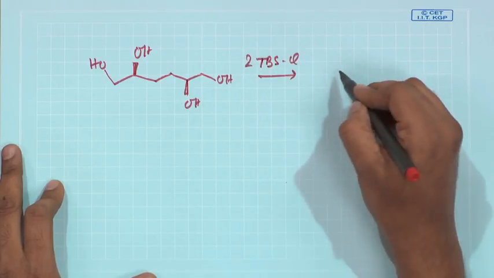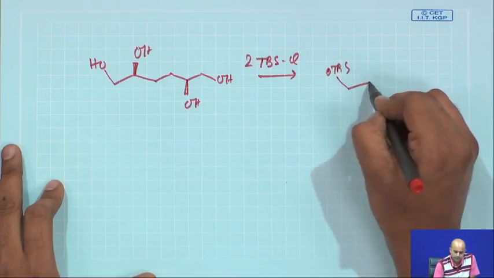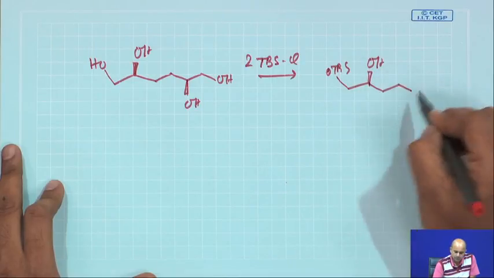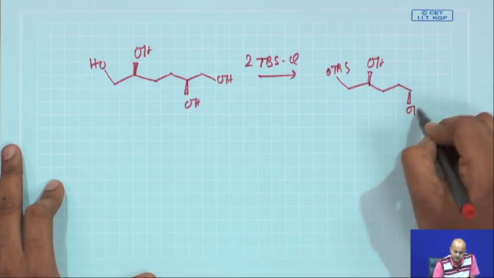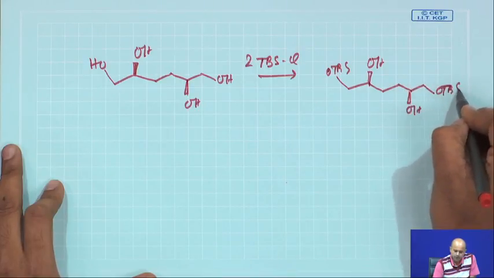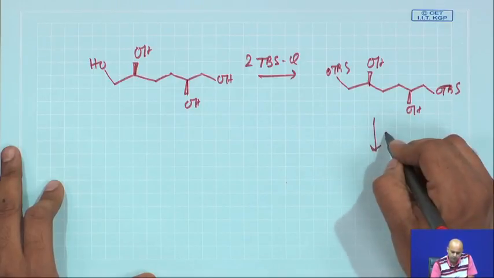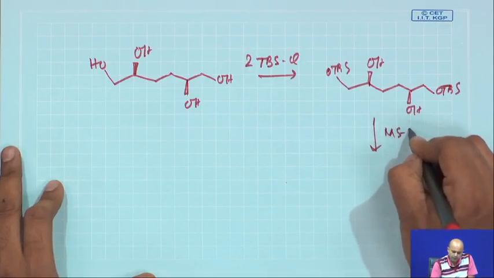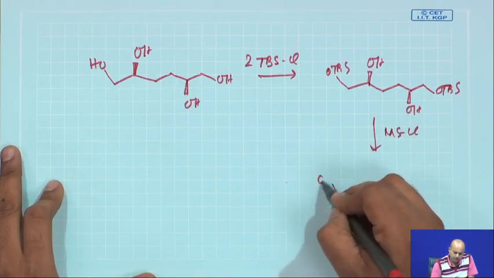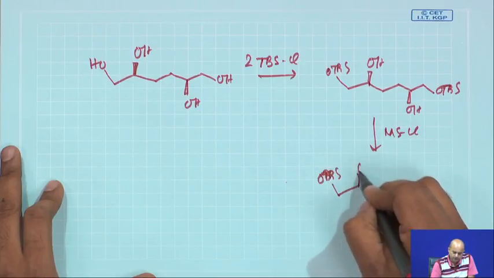So, the primary group will be protected as OTBS. Now, here you can do an inversion following the same way, otherwise you can do it the other way also. You protect the secondary group by its mesyl chloride. So, mesyl chloride will basically give you OMs at the secondary position.